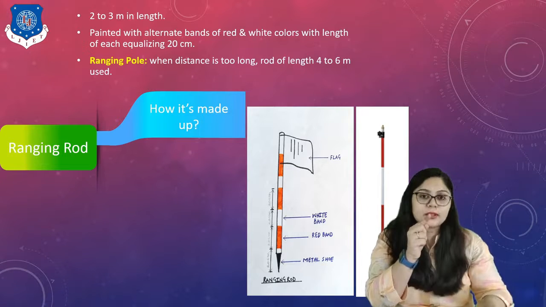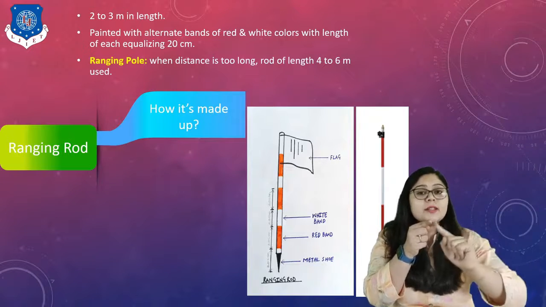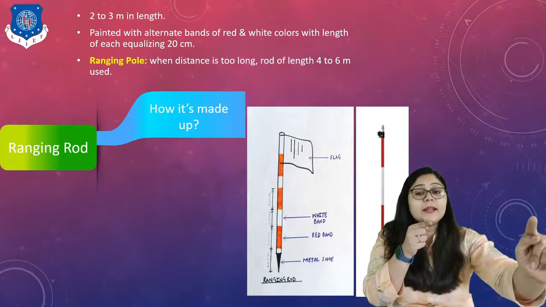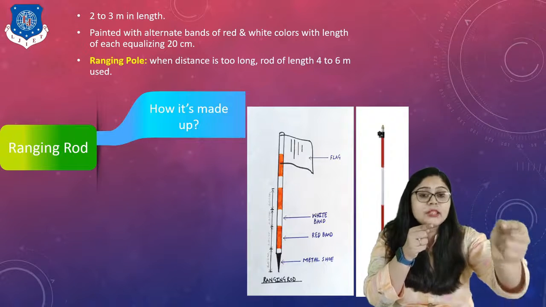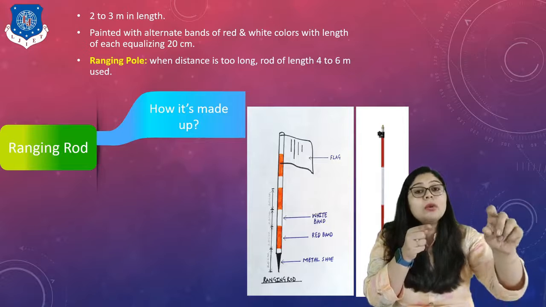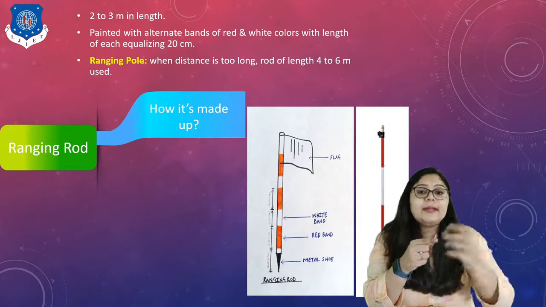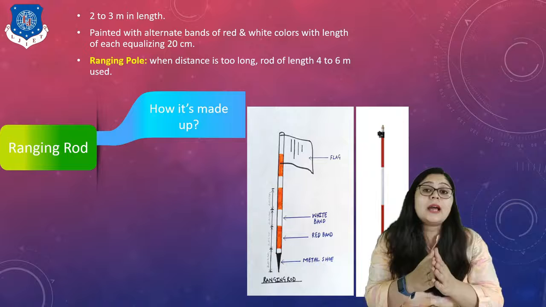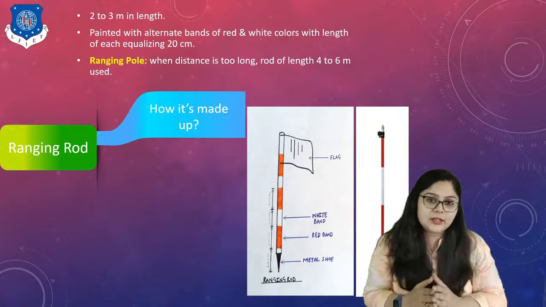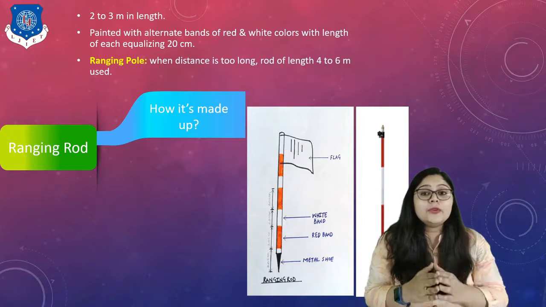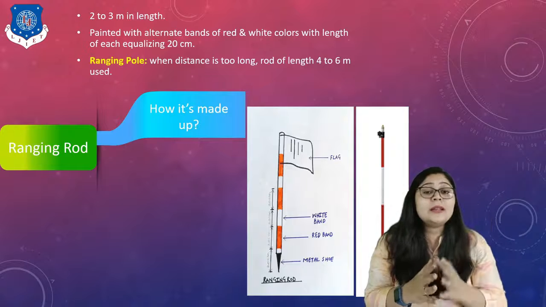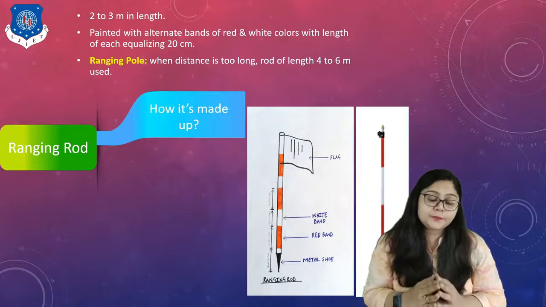If the distance between 2 points is quite high, at that time to visualize that ranging rod, you have to keep its height quite high. It means from 2 to 3 meter, I have to go for 4 to 6 meter. When this kind of height increment is there, this is known as the ranging pole.